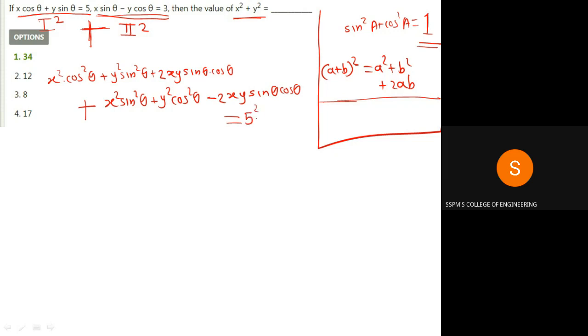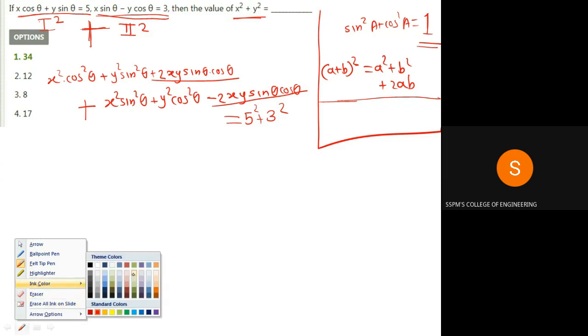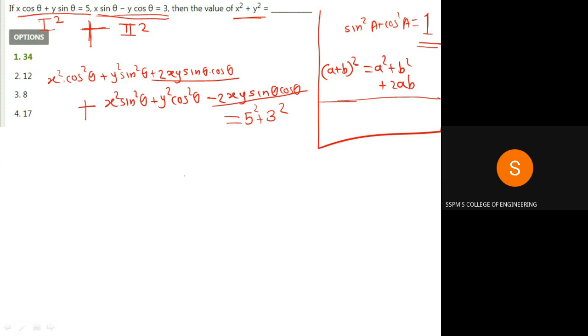Now again see, this is the positive part and this is the negative part, so it will be cancelled, because this is plus and this is minus. So they will be cancelled.